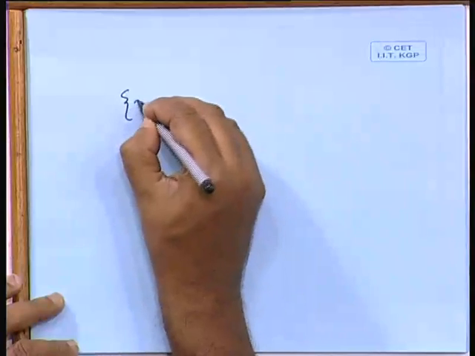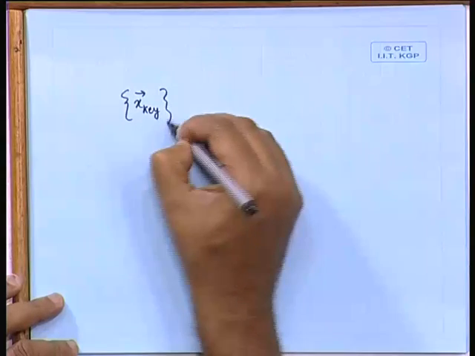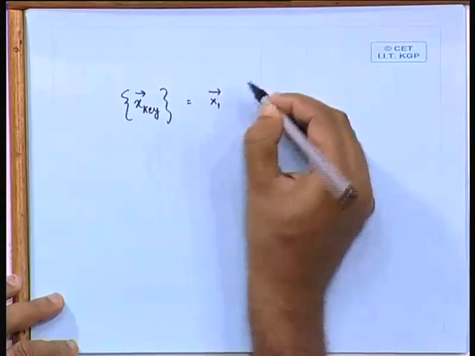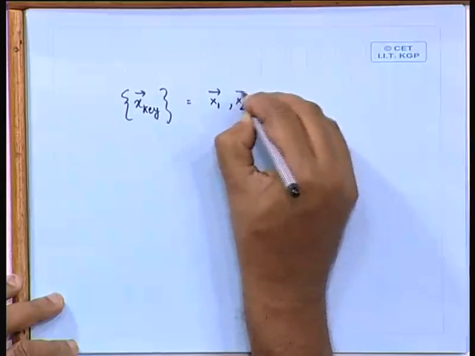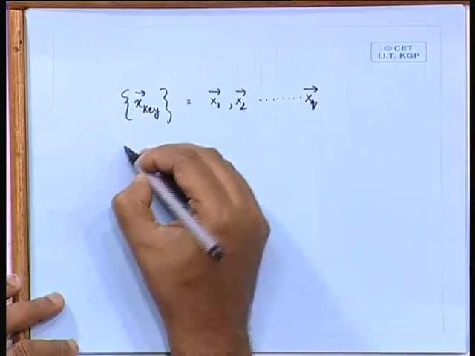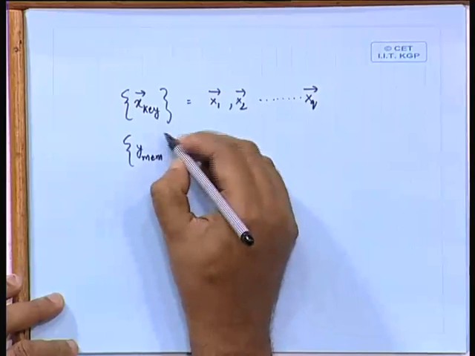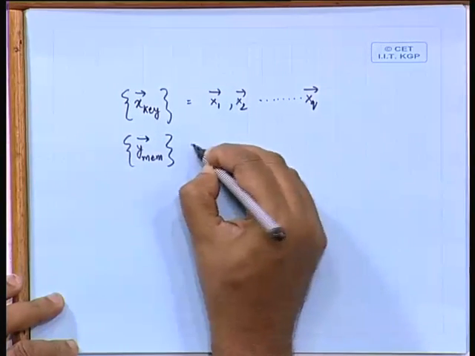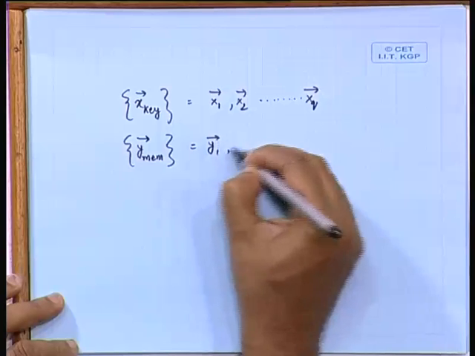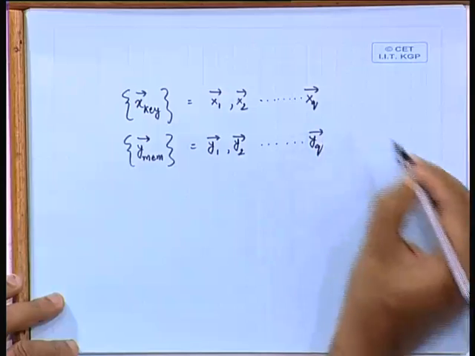Now, let us consider a set of key patterns. We can define the set of key patterns as a set of q key vectors, consisting of x 1 vector, x 2 vector, etc., up to x q vector. And we have the memorized patterns y mem vector as y 1 vector, y 2 vector up to y q vector, the corresponding ones.